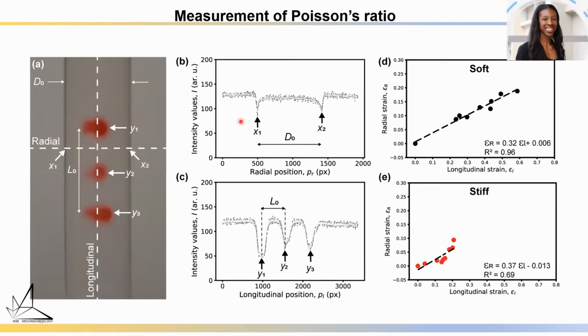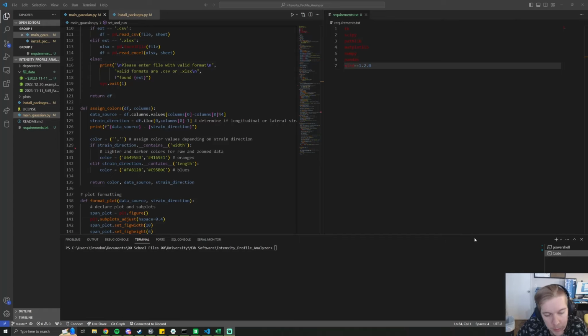The difference between these 2 peaks shown here will help calculate the radial strain as well as the longitudinal strain. This IPA software has made it very simple and quick for us to analyze our data.